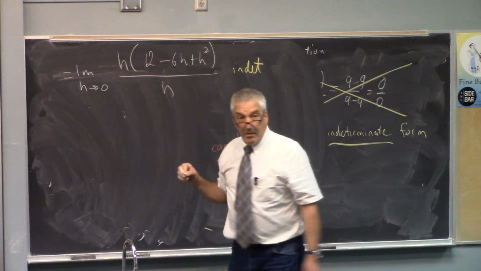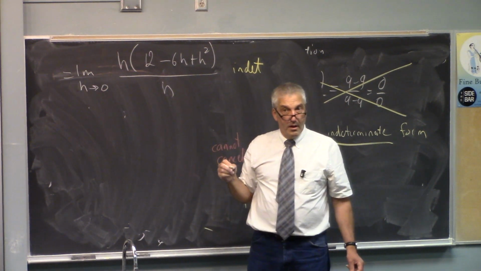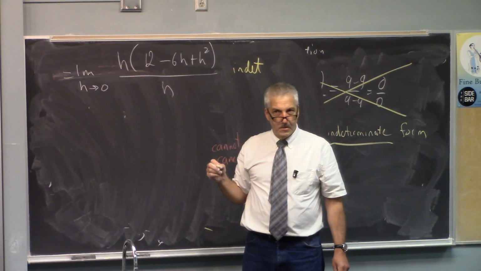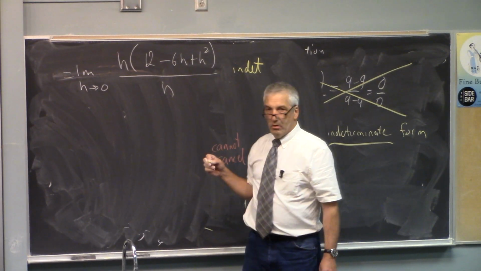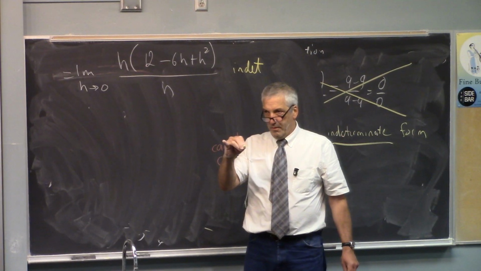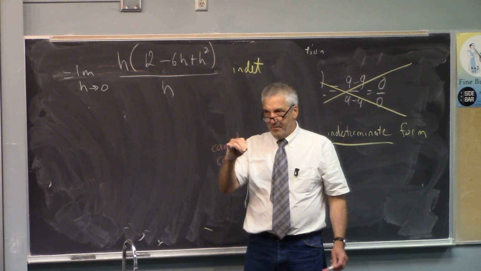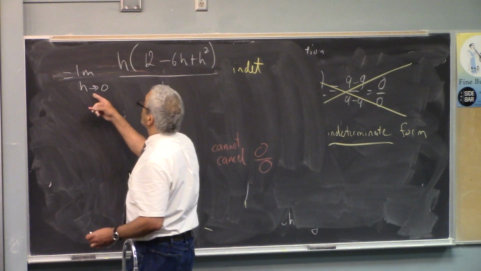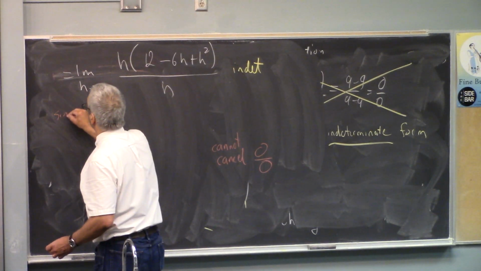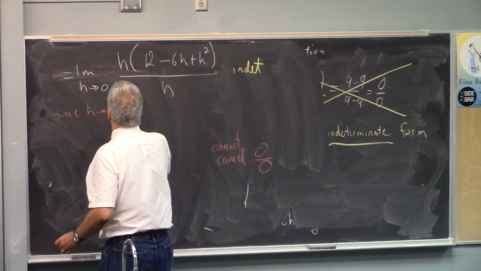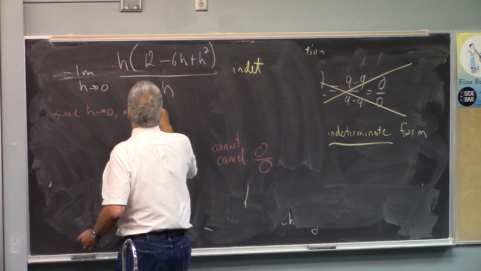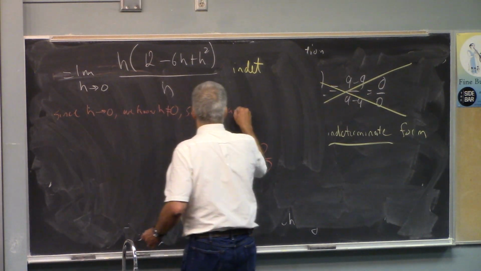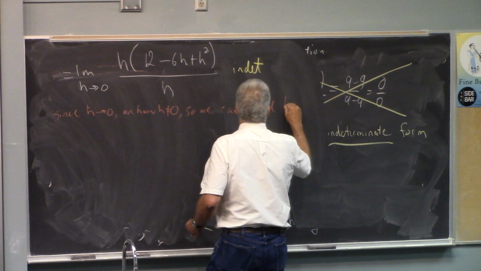Okay, so now somebody tell me what I can do here. What can I do? You can cancel all the h's because h won't equal 0. Exactly. Since h is approaching 0, we know that h is not equal to 0, so we can cancel h over h.